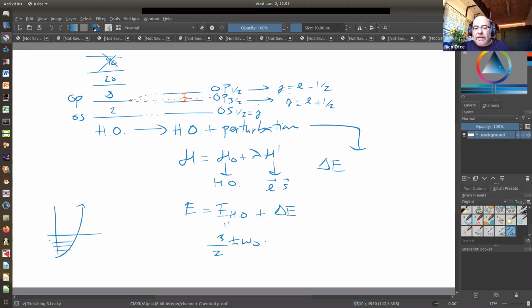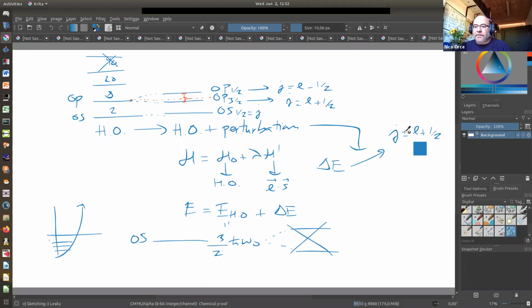Does the 3/2 h bar omega naught change? For this particular case, for 0s, it doesn't change, as we have just demonstrated before.